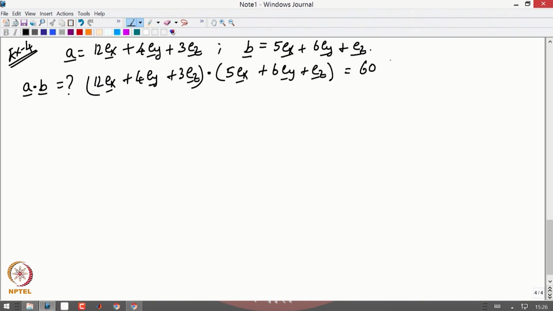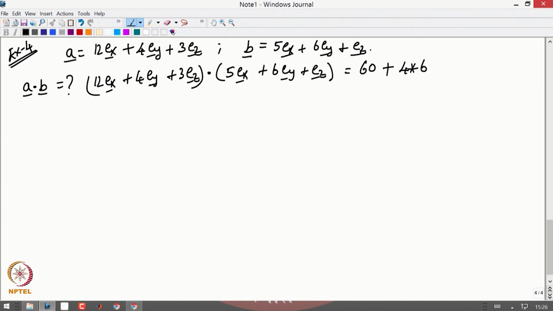So, this will be 60 when I take this 5 and multiply with this 12, and then 4 into 5 is 20 into 0, 3 into 5 is 15 into 0. So, those do not contribute, and then plus 6 into 12 is 72 into Ey dot Ex will be 0 again, whereas 4 into 6 is 24, Ey into Ey will contribute because that is 1, and Ez dot Ey is 0 again.